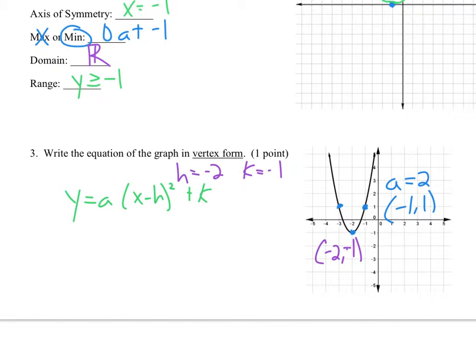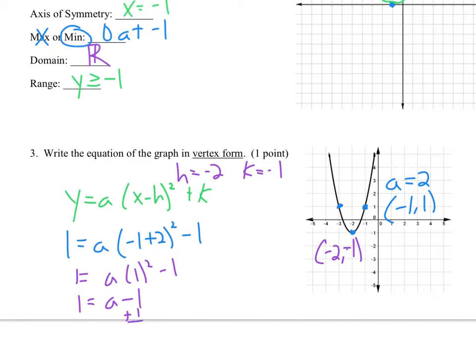We plug that in for x and y. So y is 1. Again, we're pretending we don't know what a is. X is negative 1. Minus a negative 2, so that's really plus 2 squared. And then minus the 1 k value, so minus 1 there. This will give you an equation that you can solve for a. Let's see, so we get just a 1 squared here, minus the 1. So 1 squared is 1, so 1 equals a minus 1.